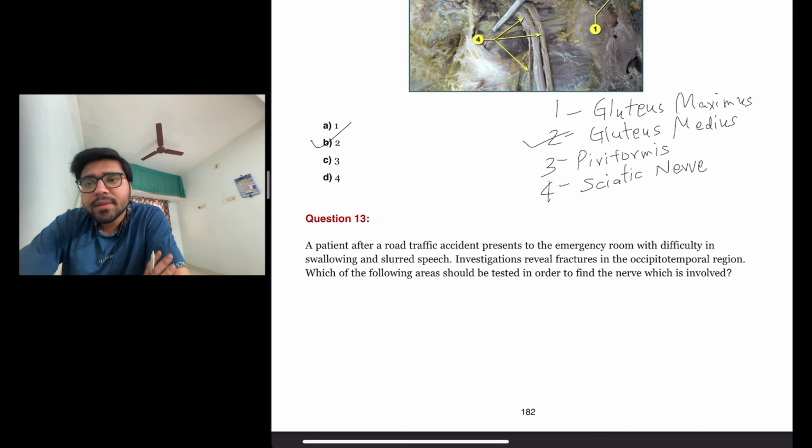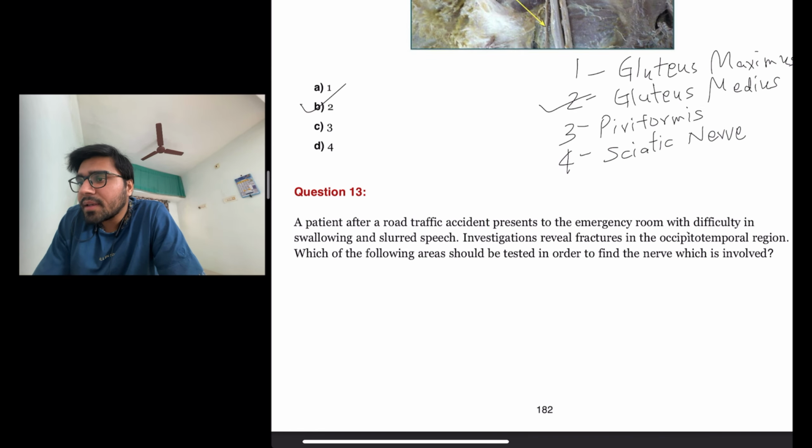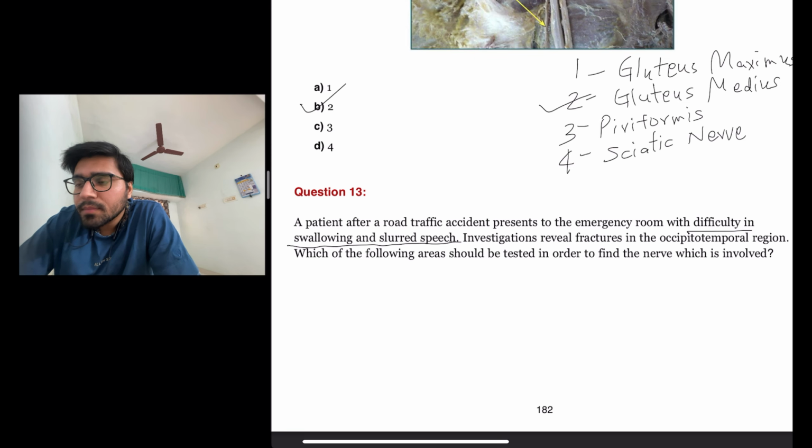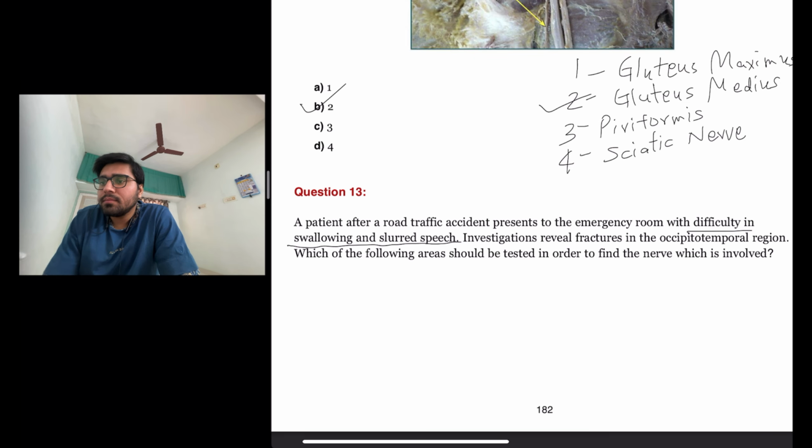The next question is: a patient after a road traffic accident presents to the emergency room with difficulty in swallowing and slurred speech. Investigations reveal fractures in the occipitotemporal region. Which of the following areas should be tested in order to find the nerve which is involved? This scenario is suggestive of difficulty in swallowing and slurred speech, and fractures in the occipitotemporal region.